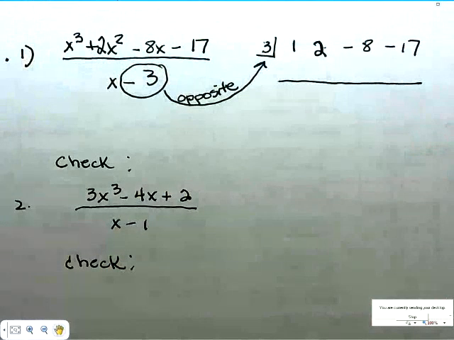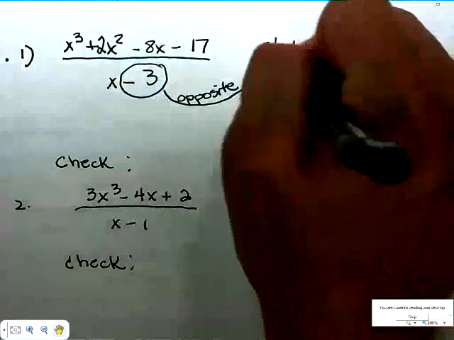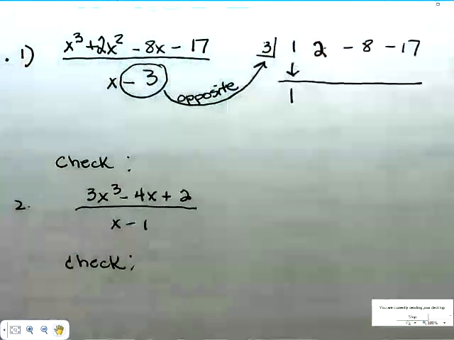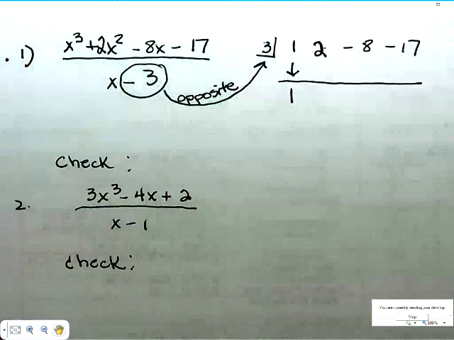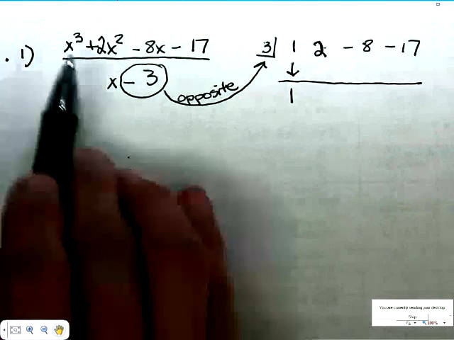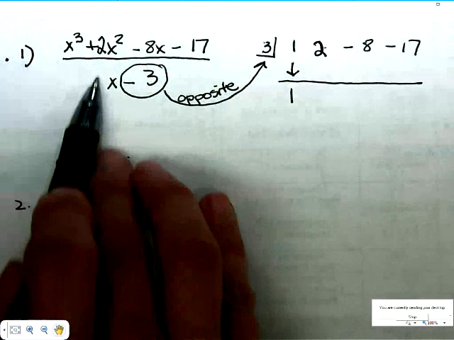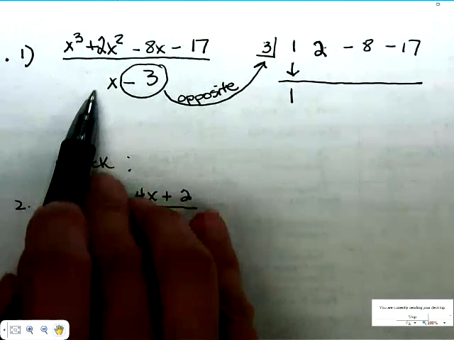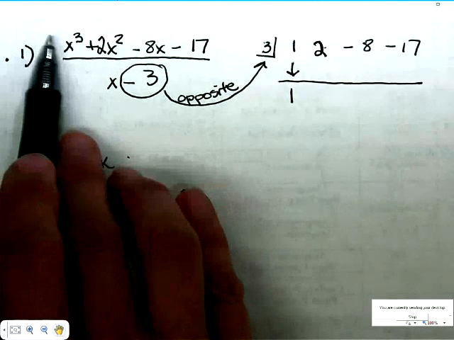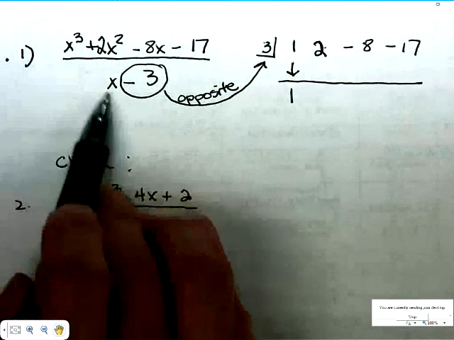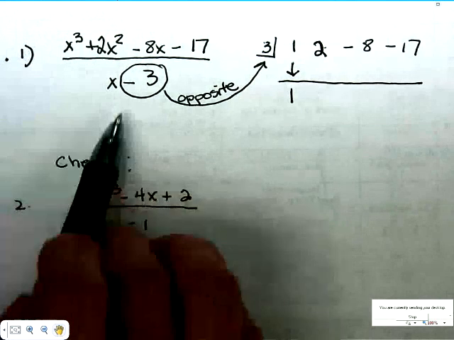Draw a long horizontal line, bring that first number straight down under the line. The reason you can bring that first number straight down is if you're dividing the leading coefficient by the bottom coefficient, 1, you're going to get the same thing. If this was 2x cubed divided by 1x, the first coefficient would still be 2.